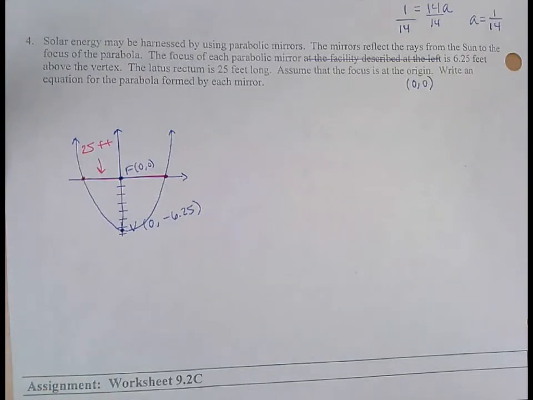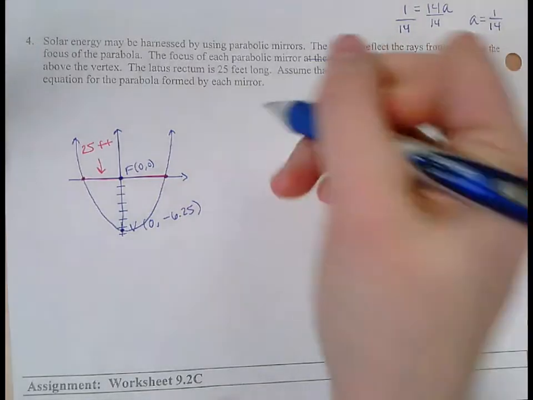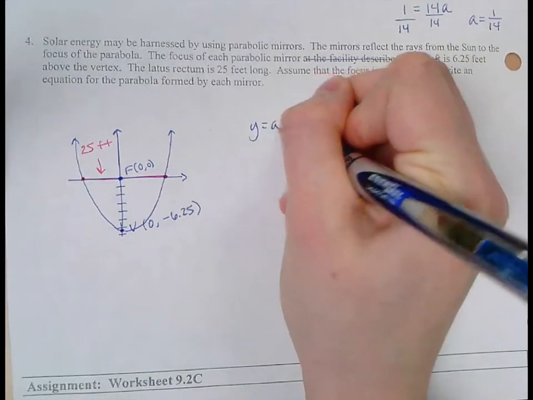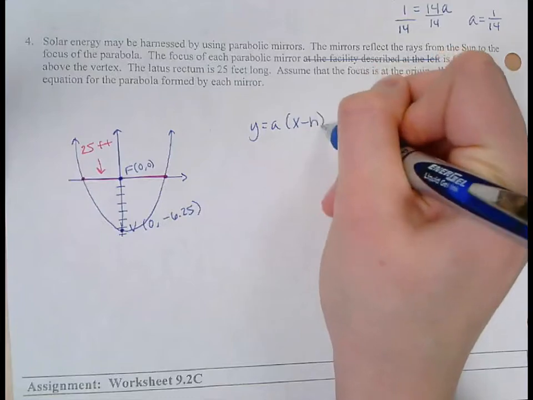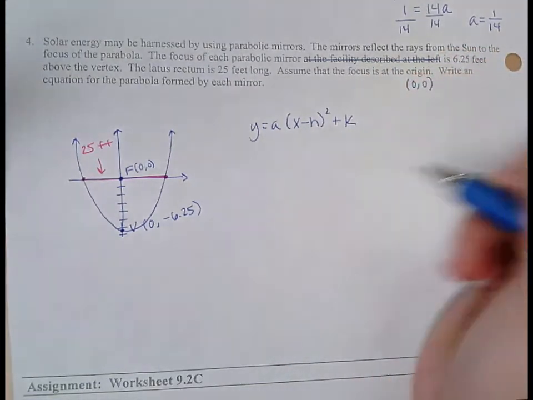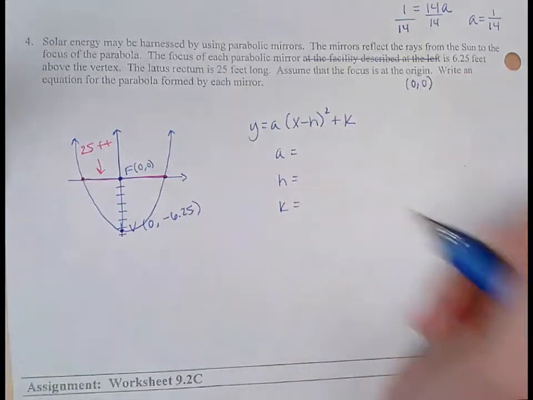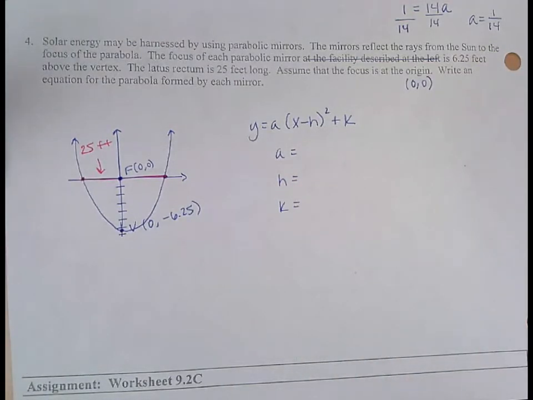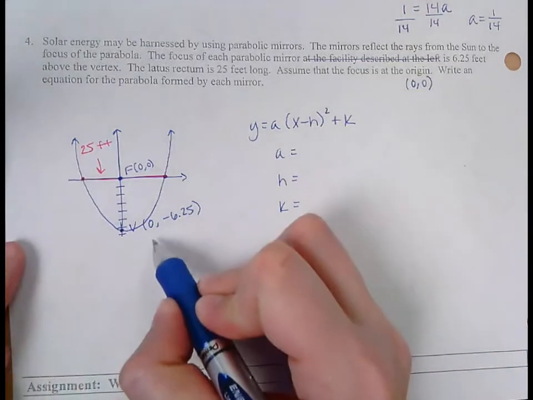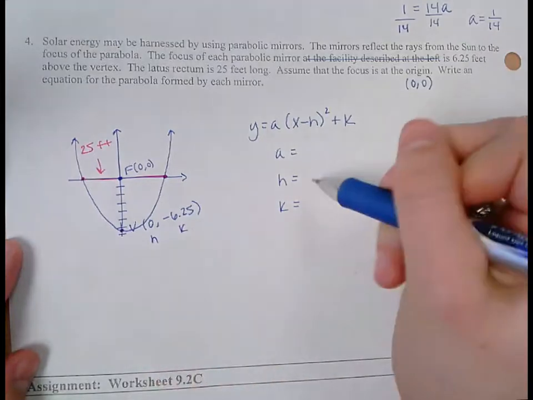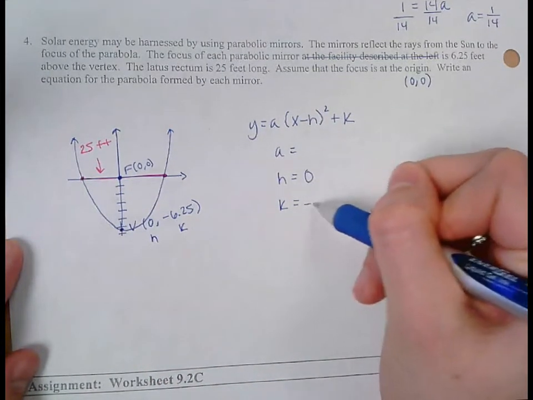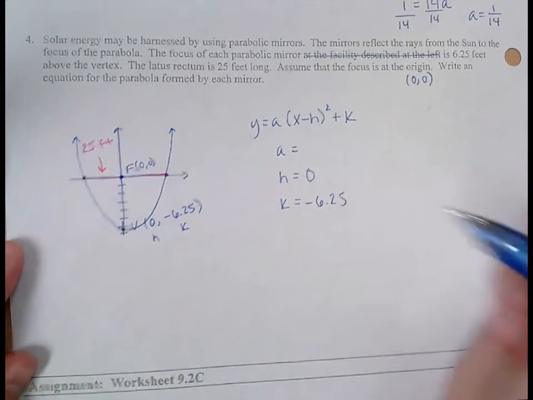Okay, and I'm writing an equation for this parabola. First of all, I know that it opens up. So I know the standard form is y equals a times the quantity x minus h squared plus k. I need to find a, h, and k. We were not given the vertex, but we were able to find it with the information we had. Since it's (h, k), we know h is 0 and k is negative 6.25.